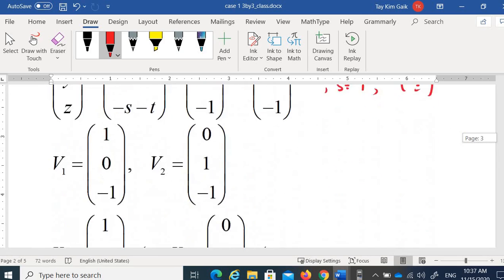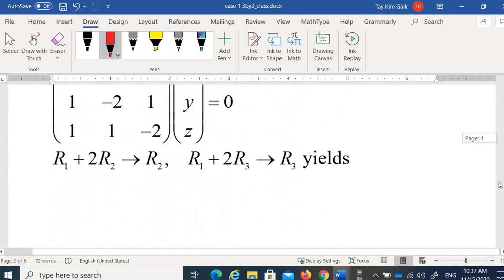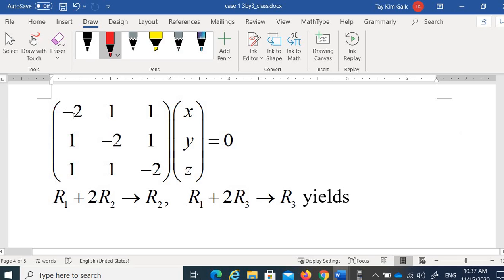But in this case, it's not easy to see whether they are equivalent or can be reduced to only 1 row or 2 rows. That's why we need some row operations.